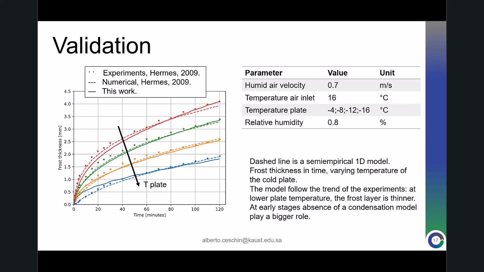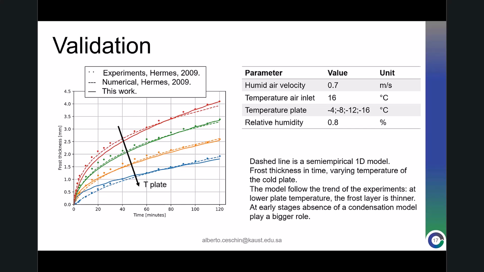I evaluated the frost thickening as an algebraic mean of the top coordinate of the layer as soon as I had some frost on it. I assumed that as a local value, and I took the algebraic mean. So we can see that we are capturing the experiments pretty well.